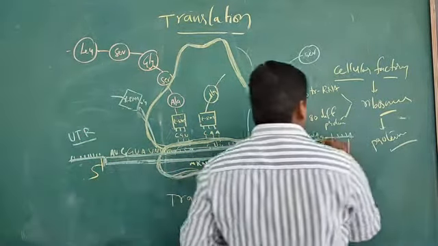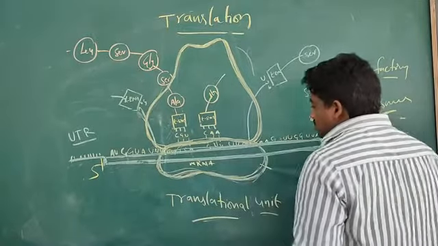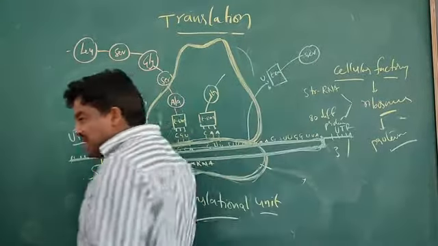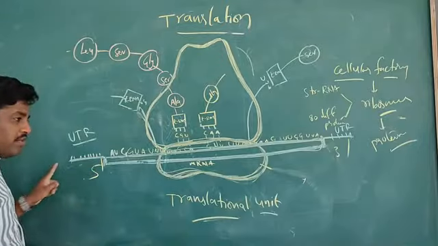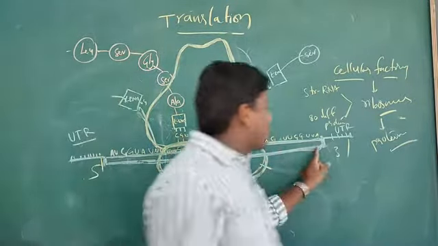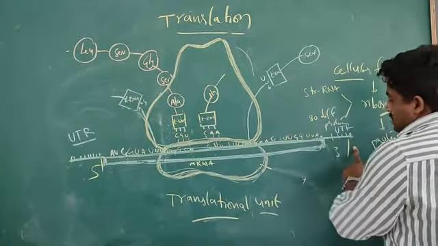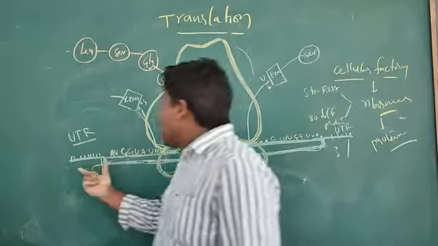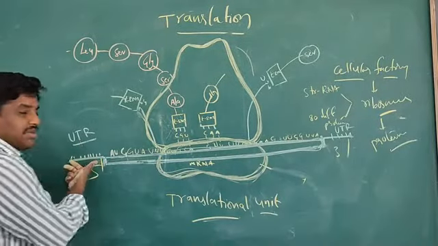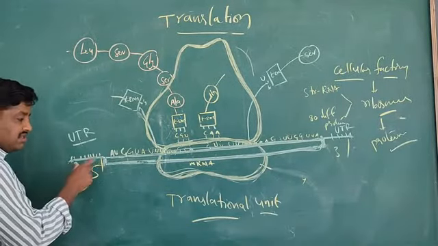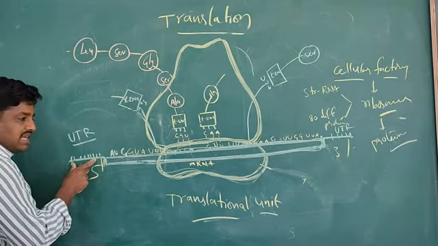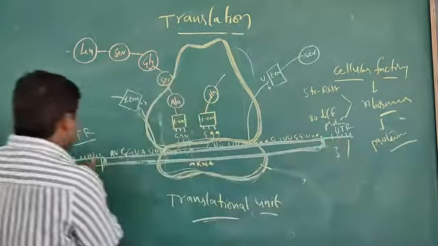So in the translation unit, at the 5' end and the 3' end, some sequences are present. These bases cannot participate in the translation.